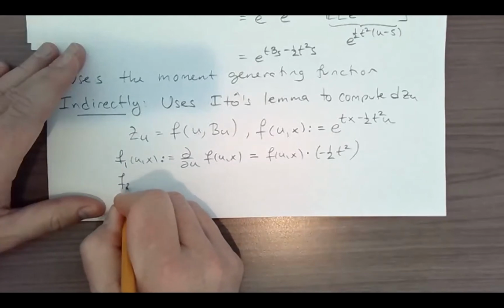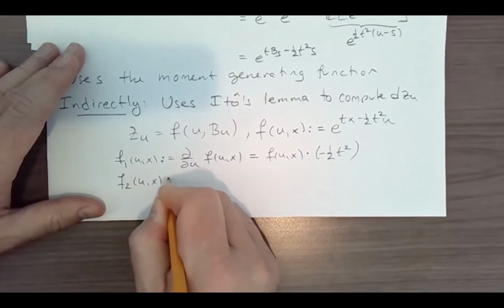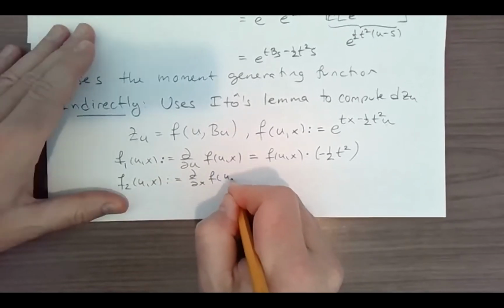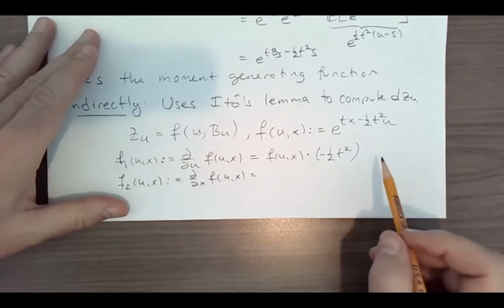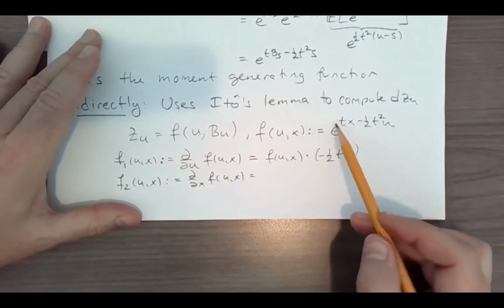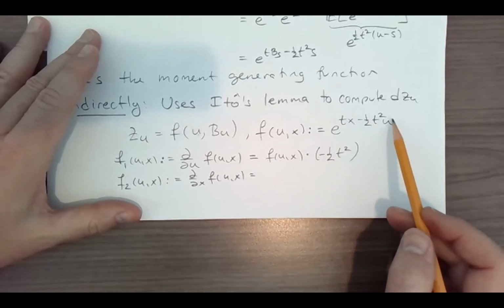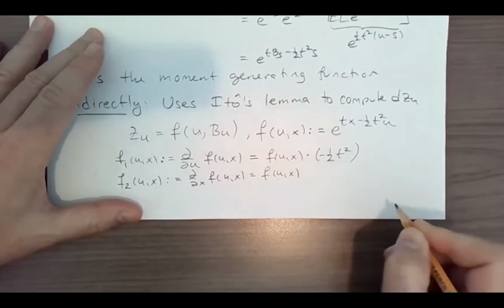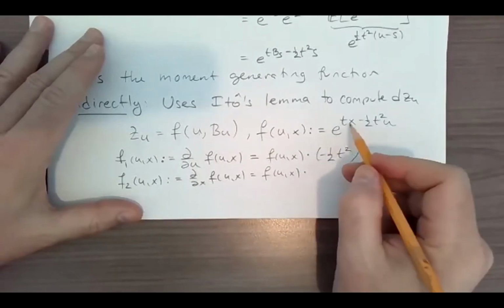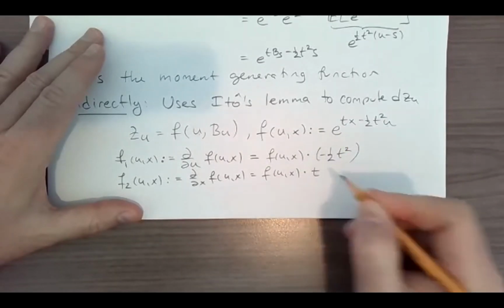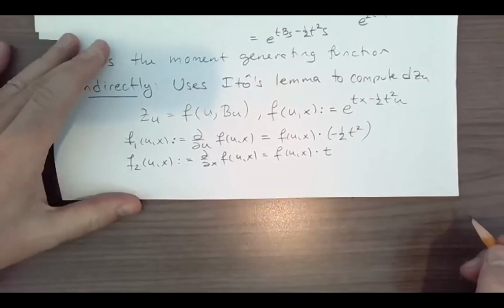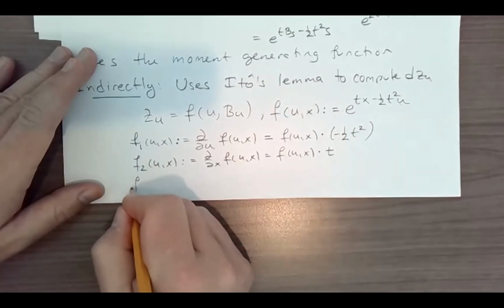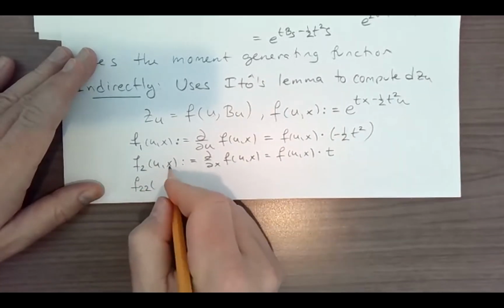I need the derivative with respect to the second entry. So this is the derivative with respect to x of f of u and x. The function is an exponential. I'm going to get the exponential back, f of u and x, and then times the derivative of what's inside. This will just be a t. And then the new thing with Ito's lemma compared to standard calculus is that you also need the second derivative with respect to the x variable.